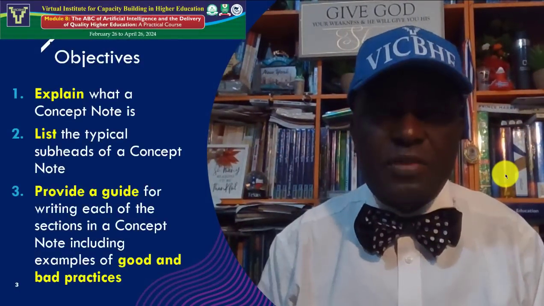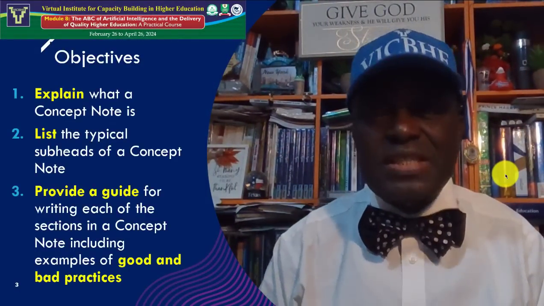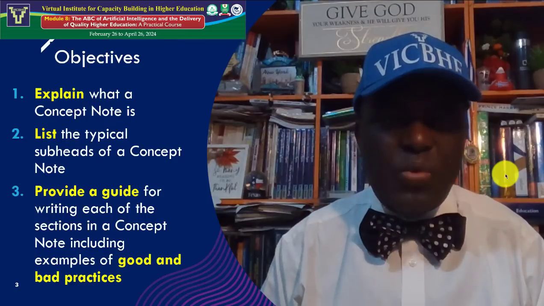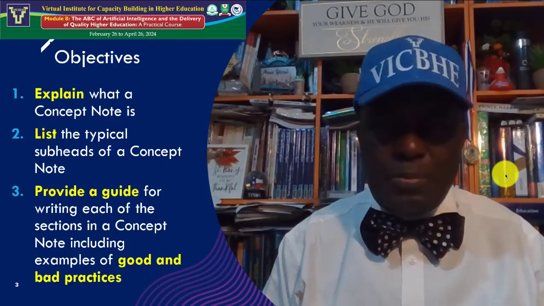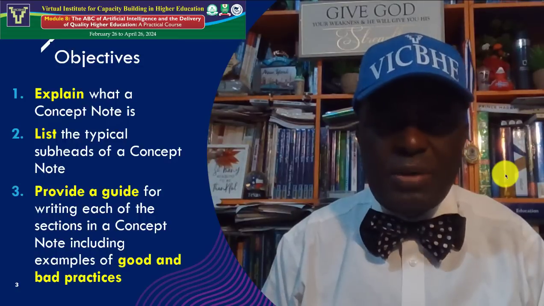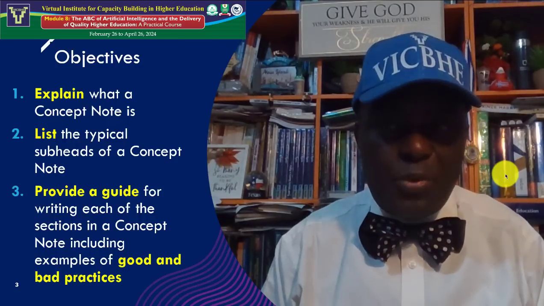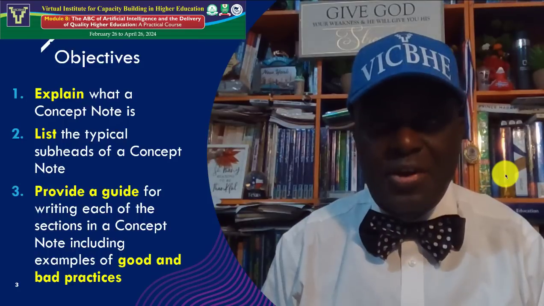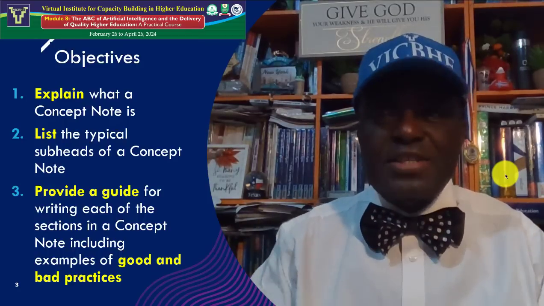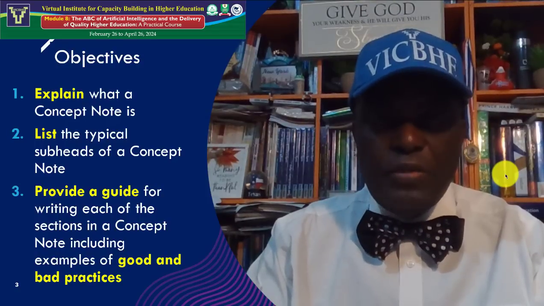So what are the objectives? The first is for us to explain what the concept note is. Second, we'll list the typical subheads, typical sections of a concept note. And third, we're going to provide a guide on how you can write each section of the concept note.